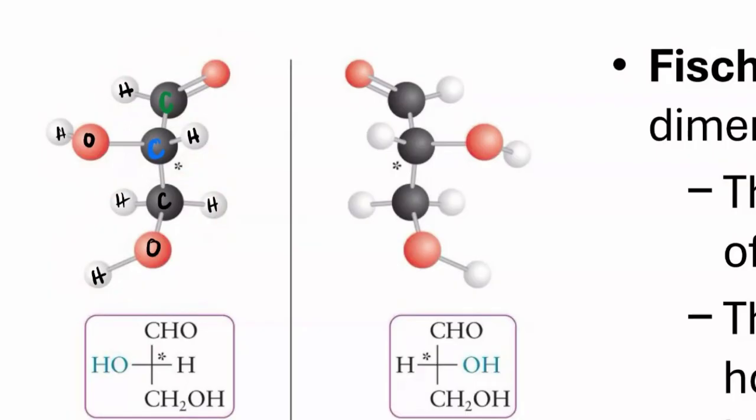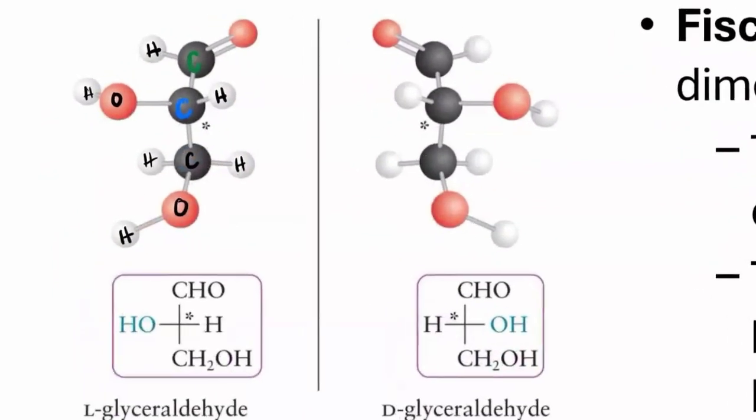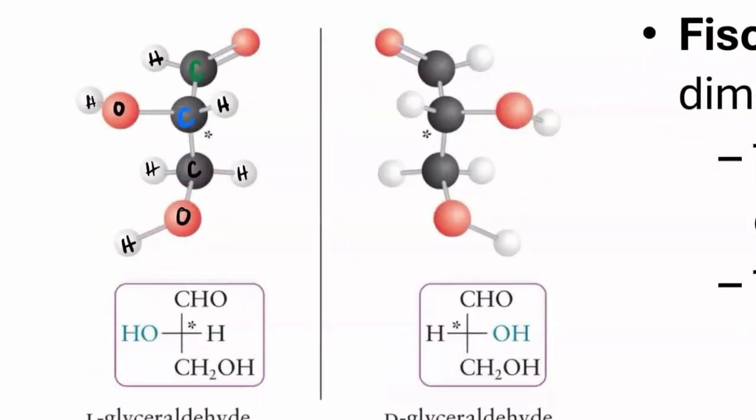So for this glyceraldehyde molecule, using my highlighter tool, I'm going to define how this is written in a Fischer projection form. I'm only going to do it with the molecule on the left. This is the CHO group. This OH group is here. This hydrogen is right here.